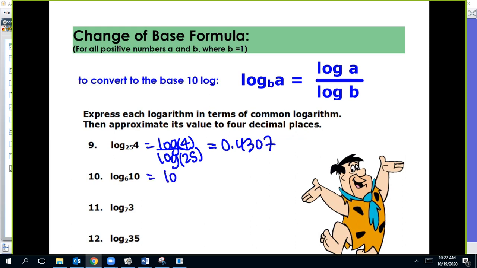This one would be log of 10 over log of 6. Now log of 10 is actually 1, but I'll type it anyway. And I get 1.2851. I could type 1 over log 6 and I would get the same thing because log of 10 is 1. This one would be log of 3 over log of 7.